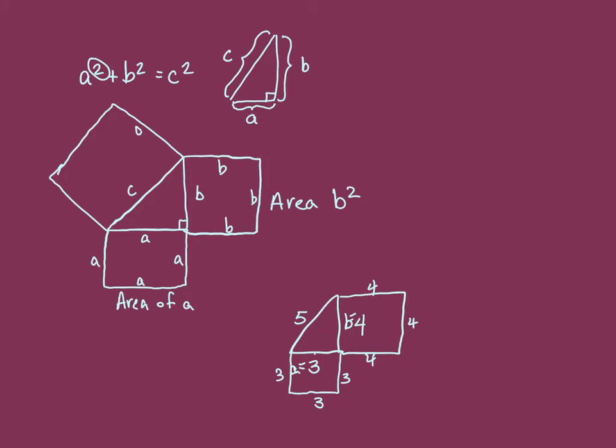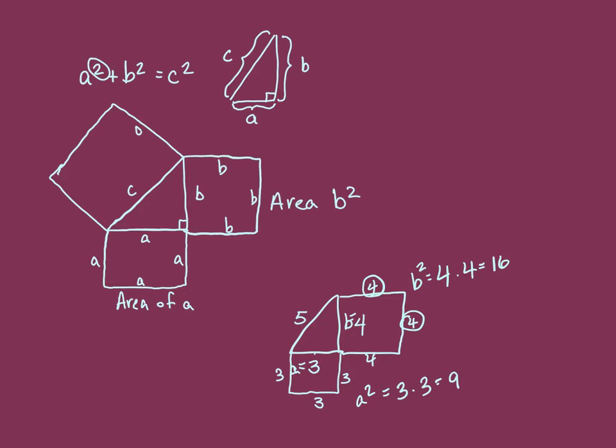So the area of B is 4 times 4, because you just take your sides squared. The area of A is A squared, or 3 times 3, and that equals 9. The area of B squared equals 16.